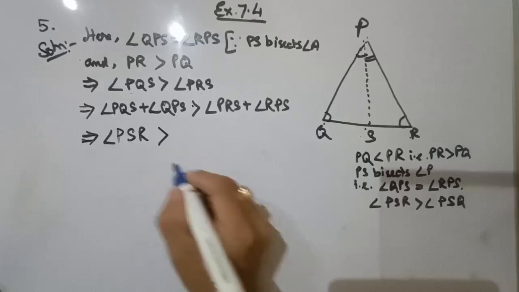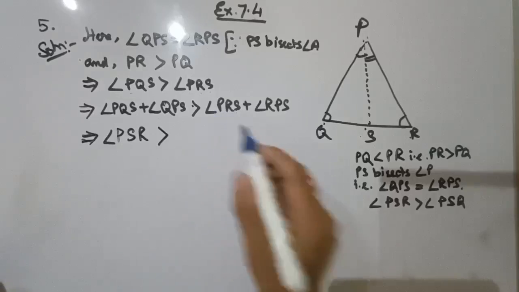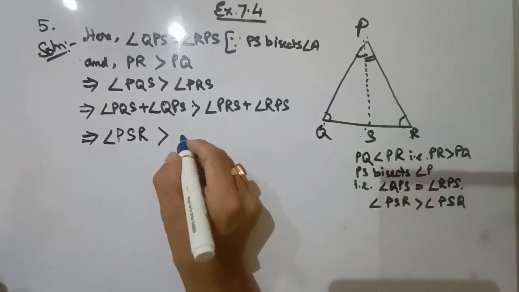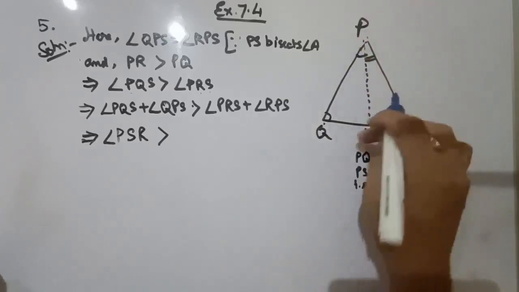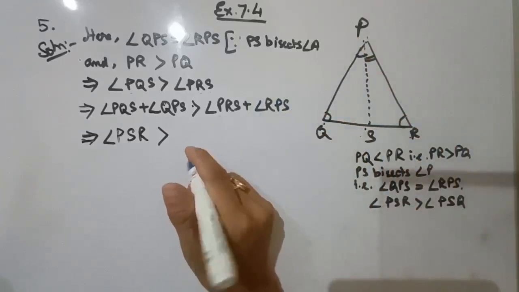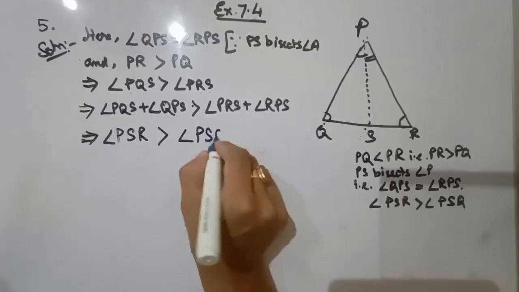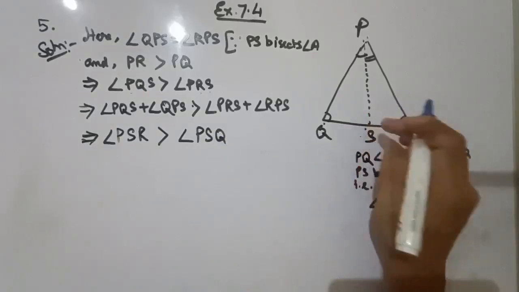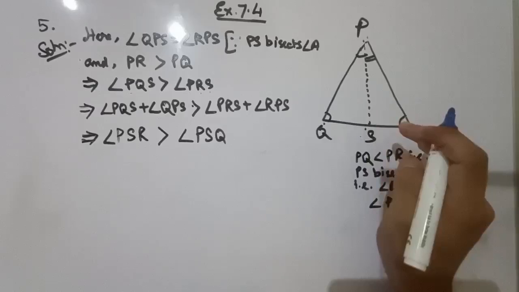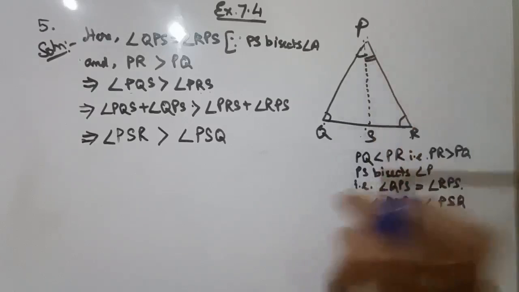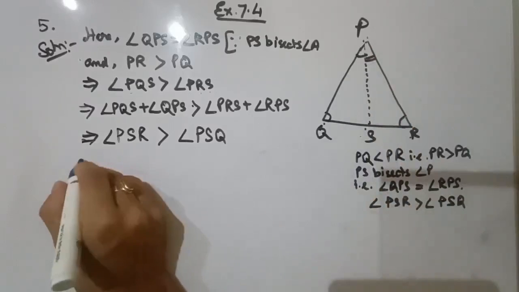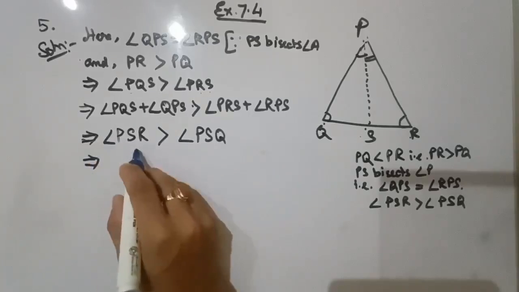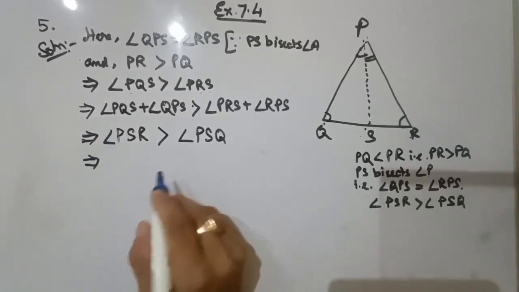So likewise, angle PRS and angle RPS will be equal to angle PSQ, same as before, because the exterior angle is equal to the sum of the interior opposite angles. Implies angle PSR is greater than angle PSQ.